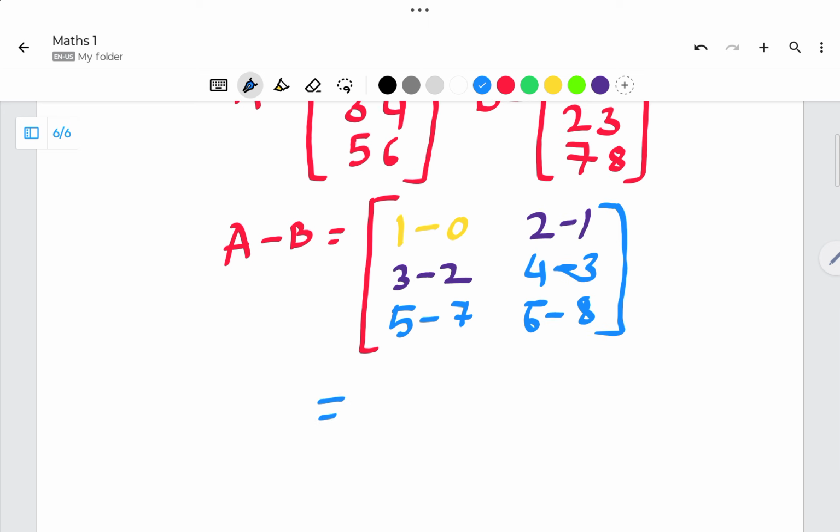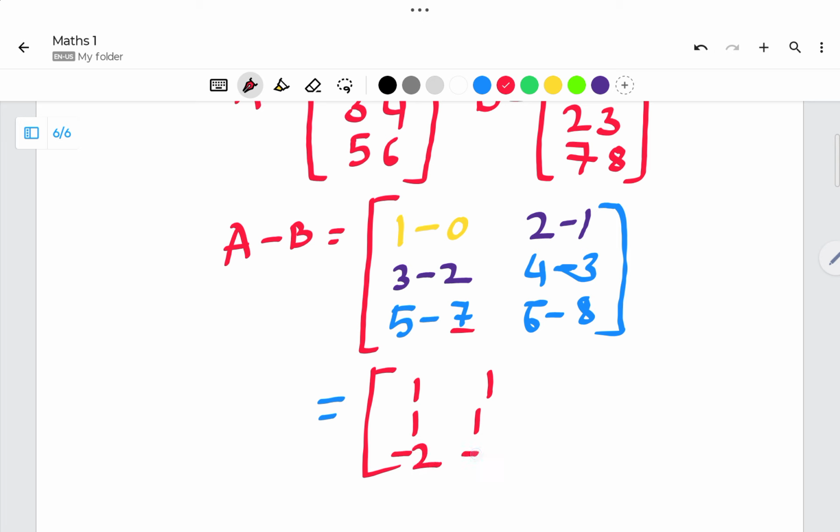So what is the answer of this? It is equal to: 1 minus 0 will be 1, 2 minus 1 will be 1, 3 minus 2 will be 1, 4 minus 3 will be 1, 5 minus 7 will be how much? Minus 2. And 6 minus 8 is how much?